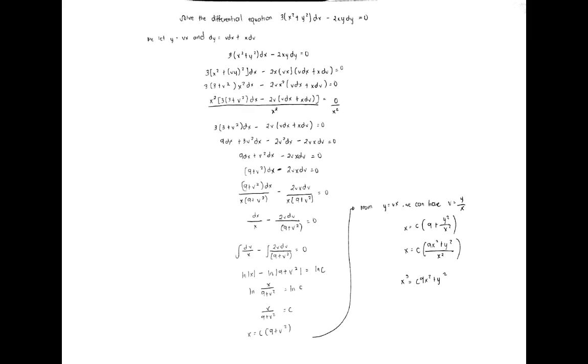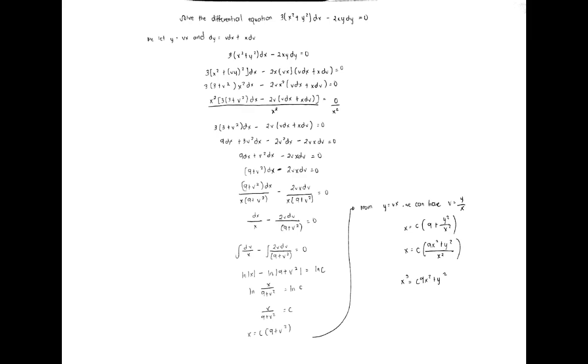So we have the integral of dx over x minus the integral of 2v dv over (9 plus v squared) equals 0. The integral of dx over x is ln x, and the integral of 2v dv over (9 plus v squared) is ln (9 plus v squared), equals ln c.